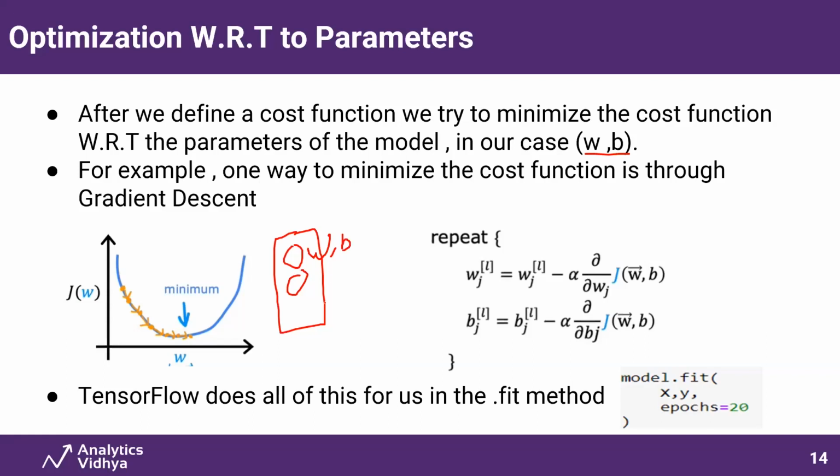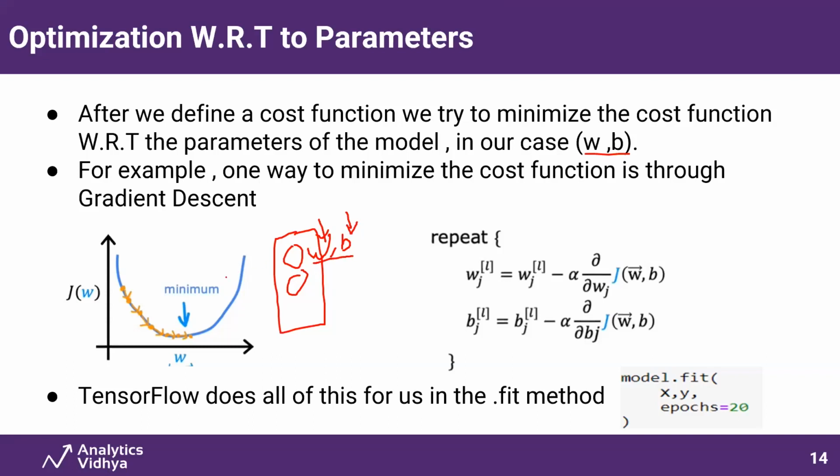We gave them some values initially, entirely random values. So we defined the cost function, and we know that the cost is very, very high. To train this model, we have to change these values of W and B.